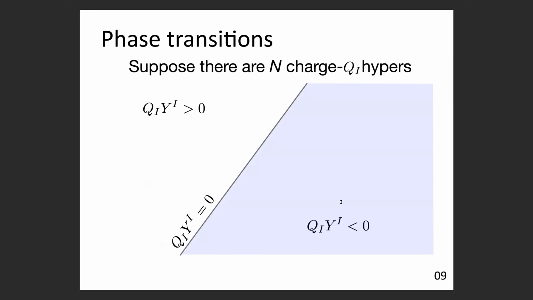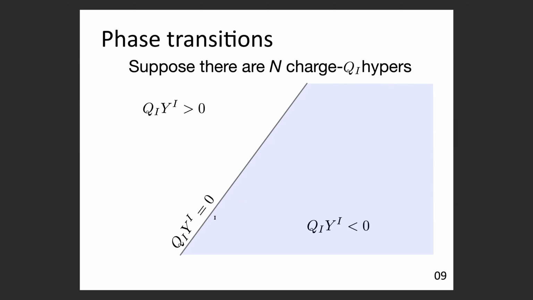Okay, so the one sense in which the prepotential can change is at phase transitions. Let's suppose that we have n hypers with charge q_I, and in this part of the moduli space the central charge is positive, and in this part of the moduli space the central charge is negative. So I'm assuming that I chose q such that there was a point where the central charge was 0 in the moduli space.